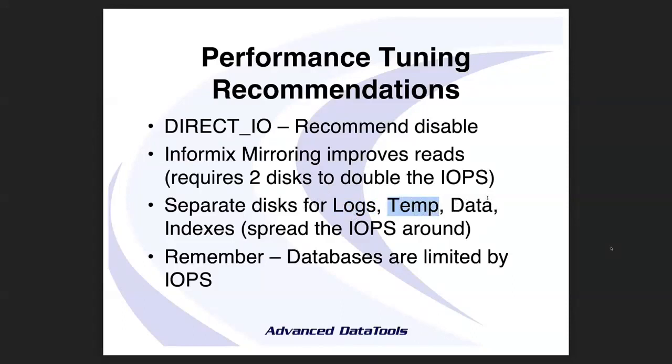You want to spread the IO ops around and balance them out. And this is actually, I think, more important in the cloud, because remember, the IOPS is what's limiting you. And so if you take your data, instead of having it all on one big disk, spreading it around, you will probably get better performance with less IOPS per disk.